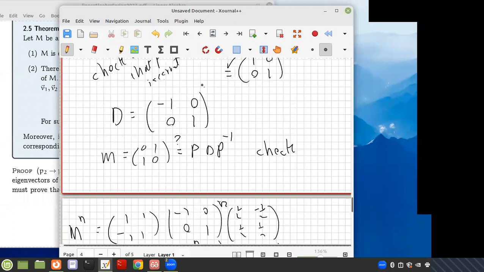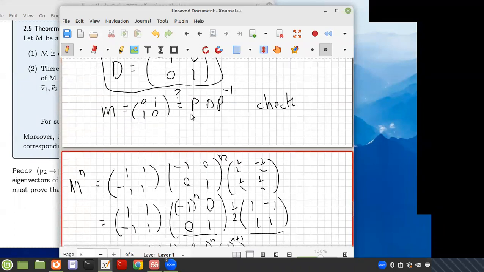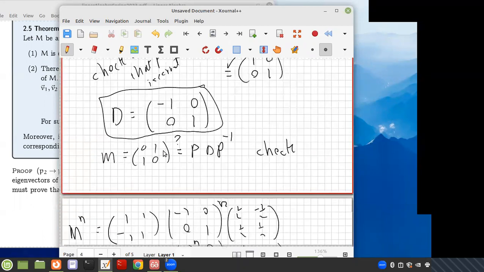And then we constructed D, just by putting the eigenvalues onto the diagonal entries. We know that it's just lambda1, lambda2. Okay.